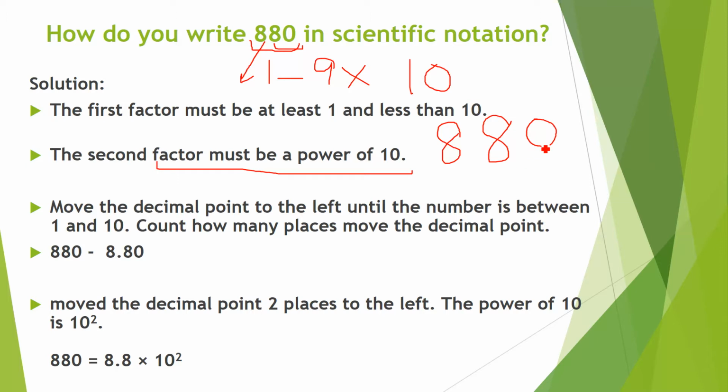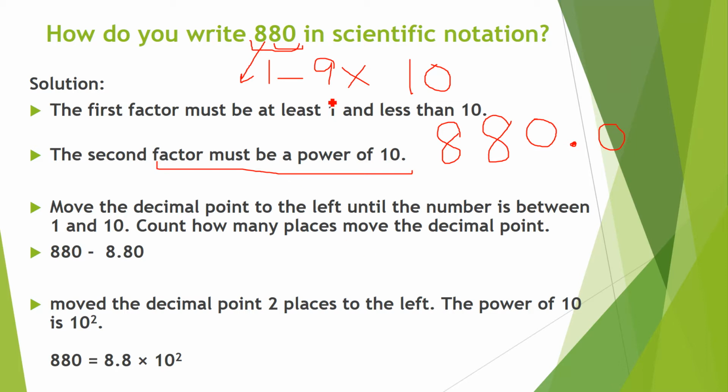So see, if someone asks you where is the decimal point of 880, the decimal is here, because you cannot see the decimal here. It is not 8.80 or 88.8, it is 880. So it means the decimal is at the end. This is the decimal, 880.0.